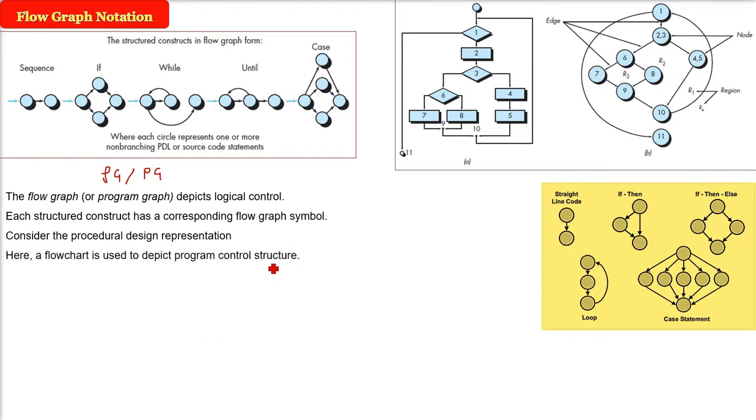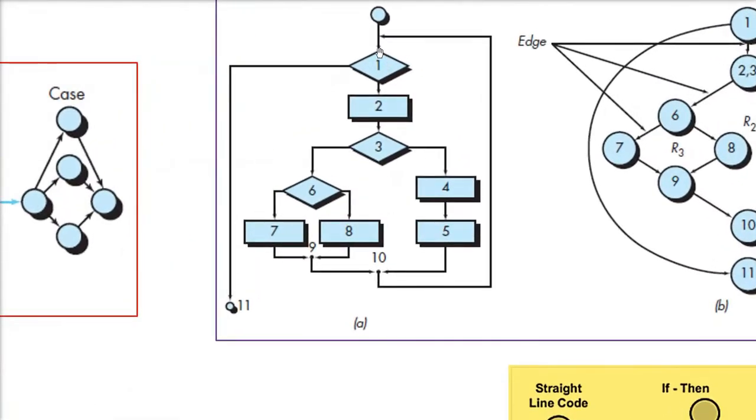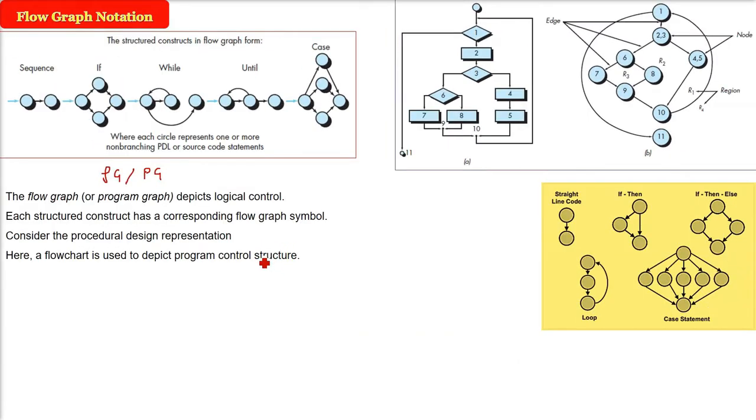So let us consider a procedural design representation. I am showing you a flow chart. Whenever we started computer science, we learned how to make a flow chart. Now you just have to worry about these diamonds, because these are conditional statements, if else, which can give you multiple paths.